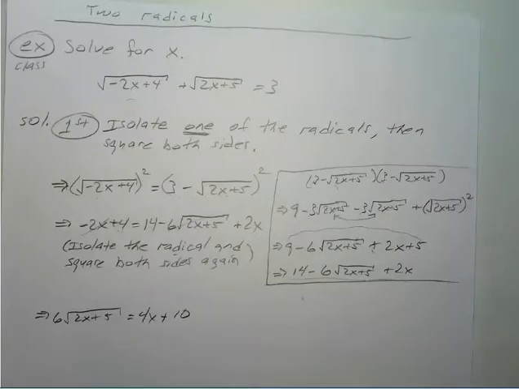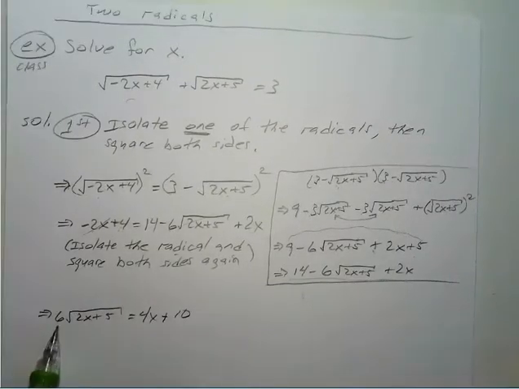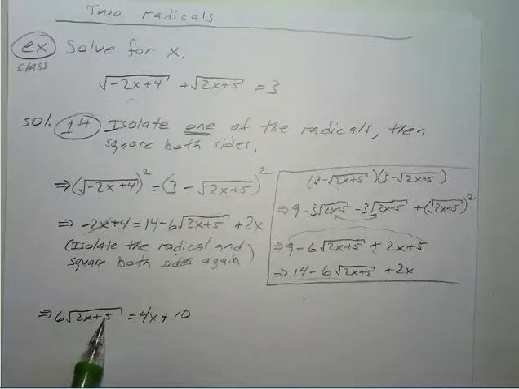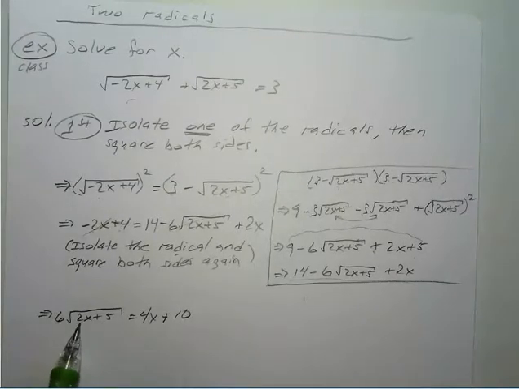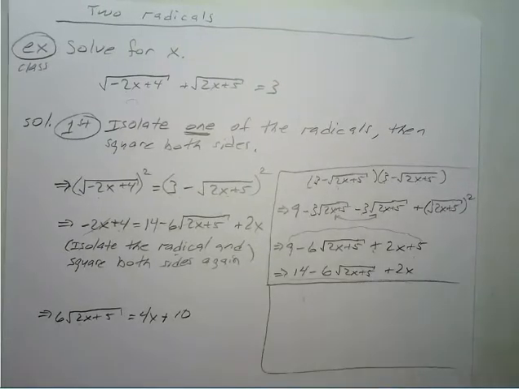All right, so now that we've done that, remember this 6 here is not a separate term because it's being multiplied. If you'd have had 6 plus 2x plus 5, then you'd have to isolate it. But because that 6 and that 2x are multiplied, you don't have to get rid of that 6. Let me write out a quick example.